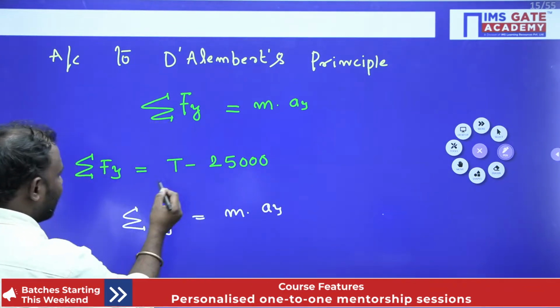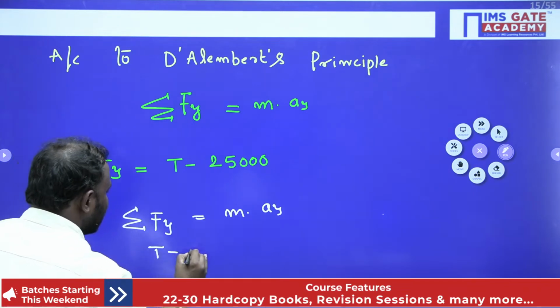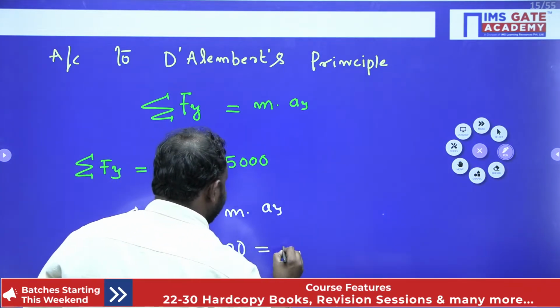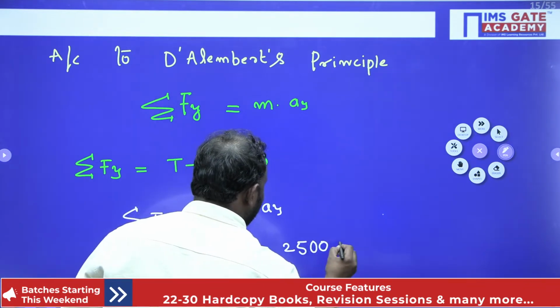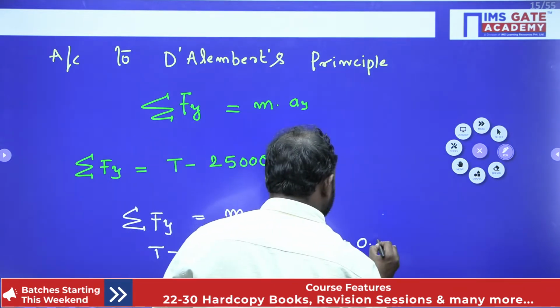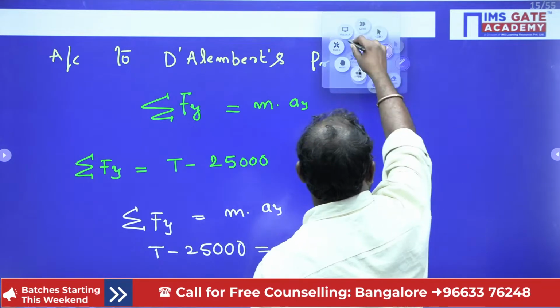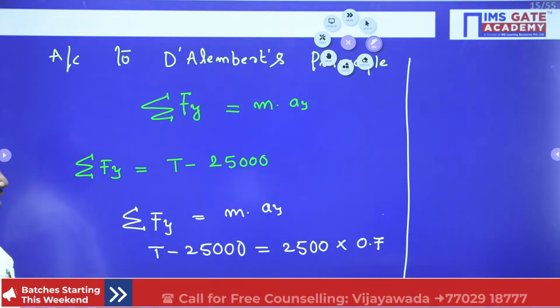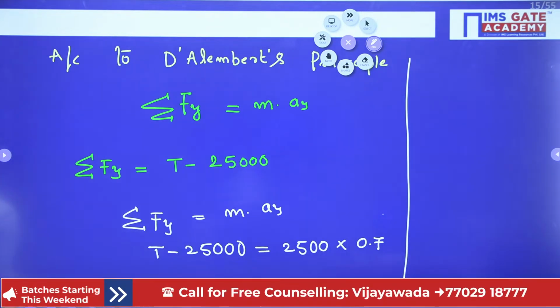Now substituting: T minus 25,000 is equal to 2,500 into ay, 0.7 meters per second squared. This is what I got. Solve this equation so that you get T.